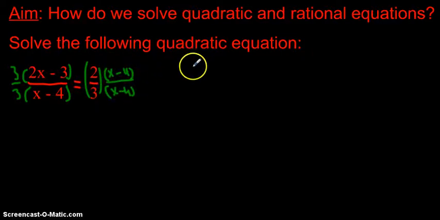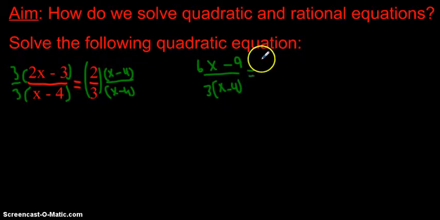Okay, so we get 6x minus 9 over 3 times x minus 4, times x minus 4, equals 2x minus 8 over 3 times x minus 4.